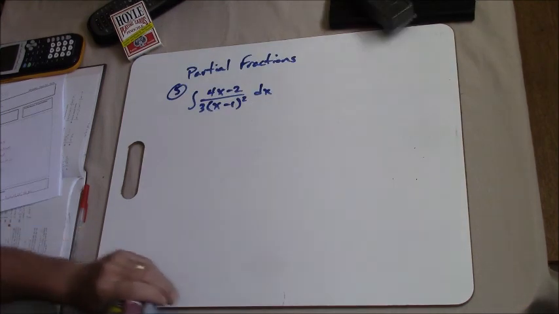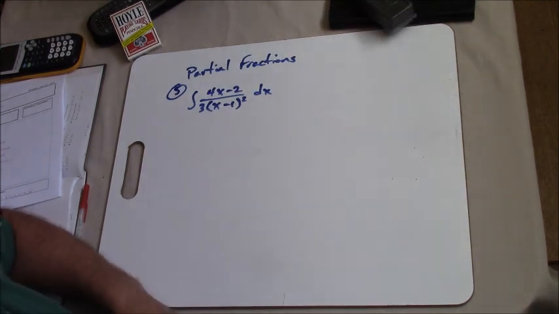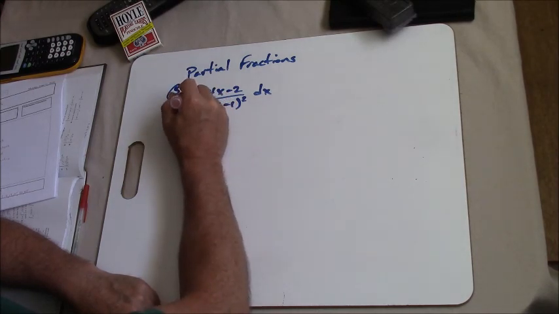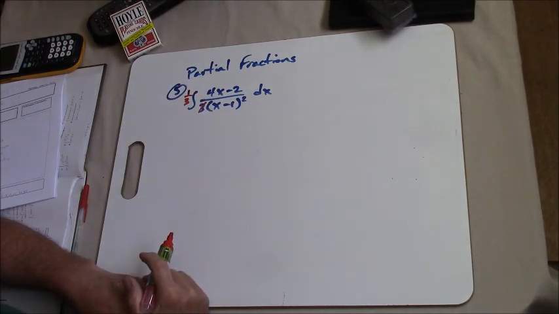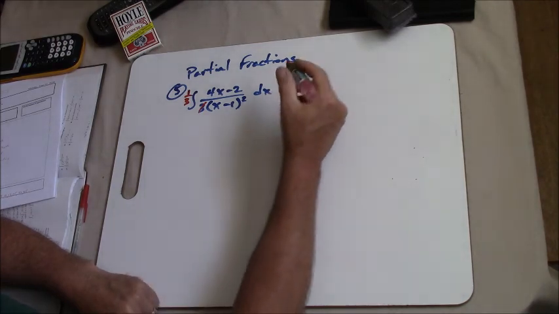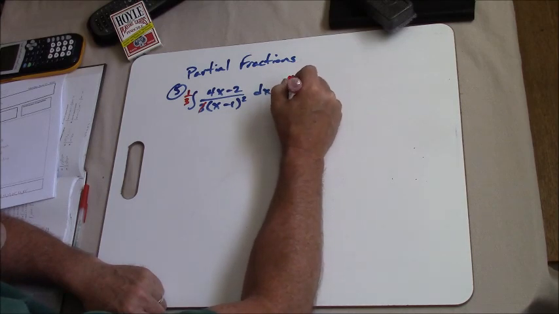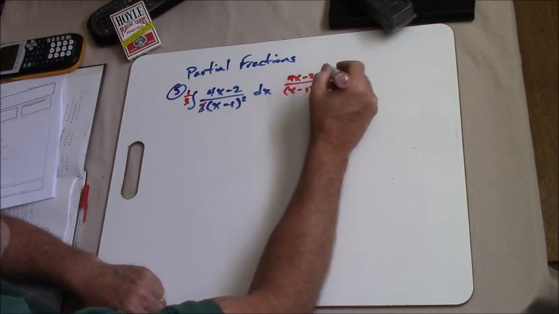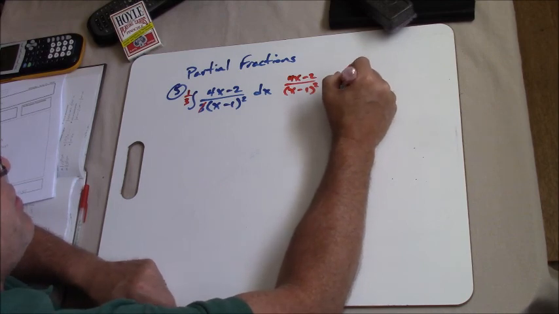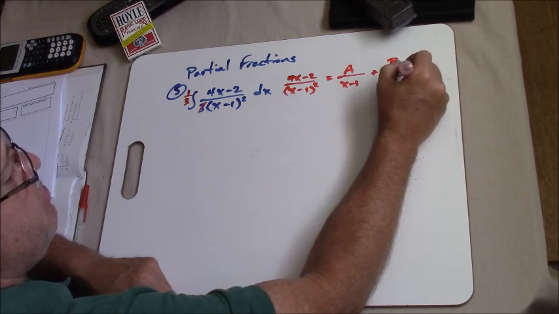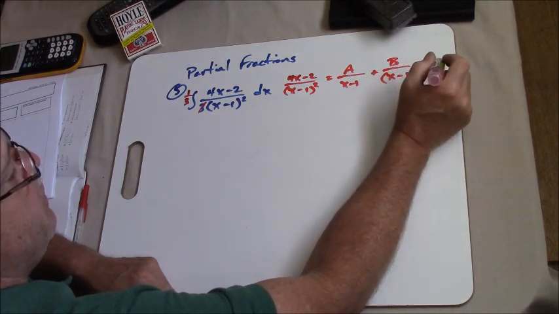There it is. Alright, so let's see if we can solve this one using partial fractions. So I think I'm just going to move that 3 to the outside, call it 1/3. And so what I want to do is say that 4x minus 2 over x minus 1 squared is equal to a over x minus 1 plus b over x minus 1 squared.